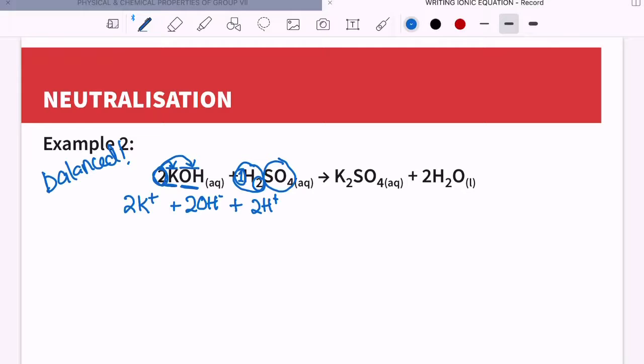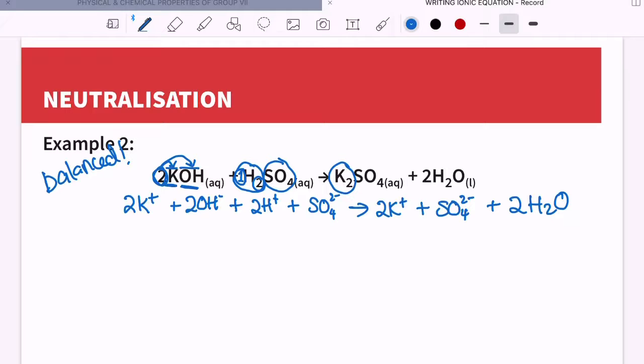There is actually 1 sulfate ion, so we write SO4 2-. We don't need to write the 1, so let's make it invisible. To form K2SO4, which means 2 K+ ions plus SO4 2-, and 2H2O.